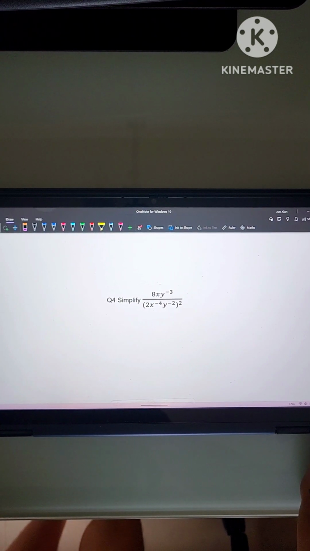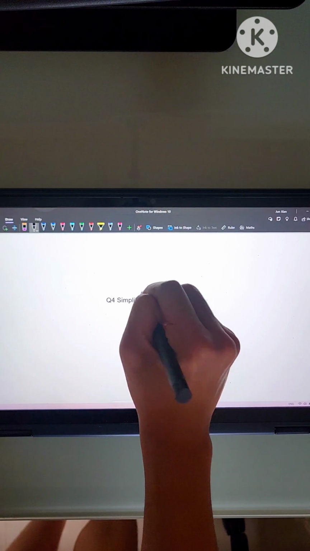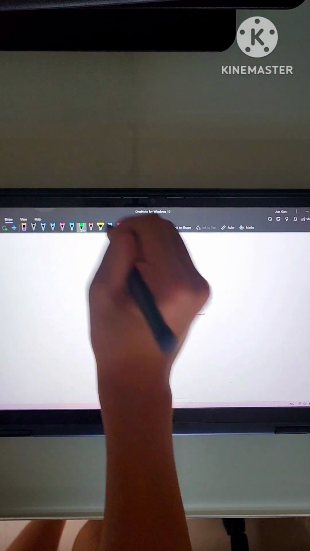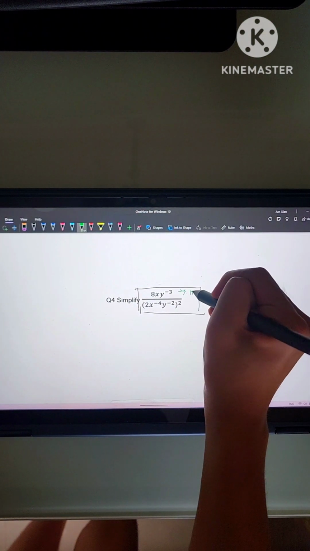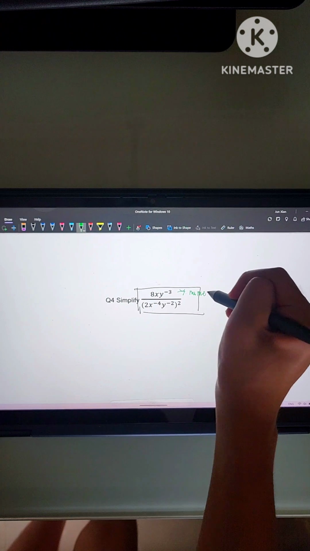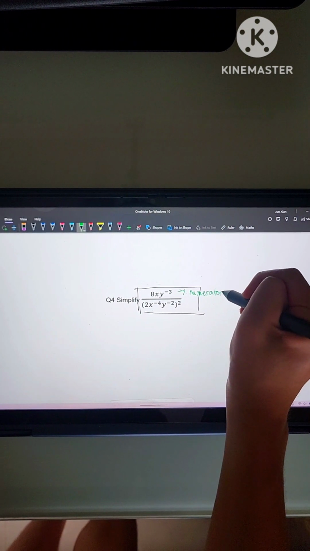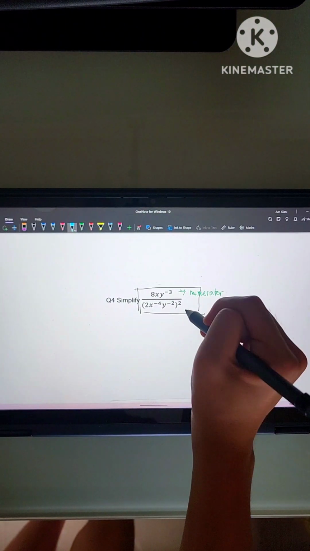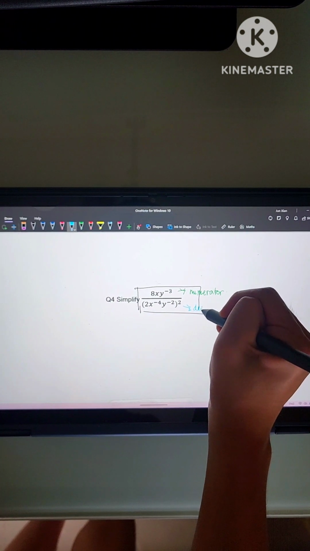Okay, so we're given a fraction, right? So let's do a quick recap on fractions. The number above is called the numerator, and the number below is called the denominator.